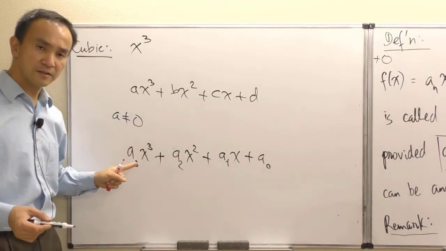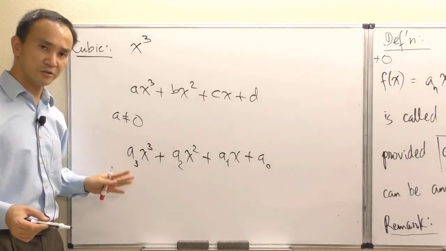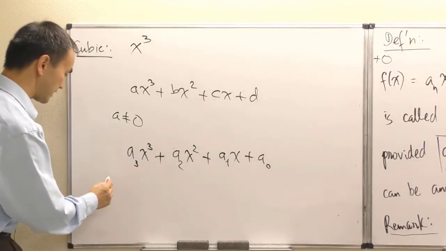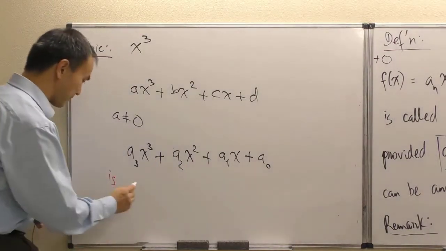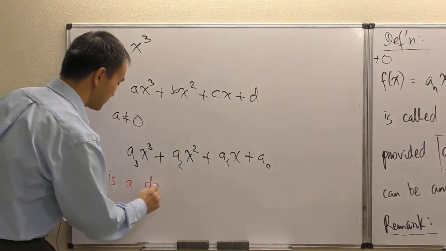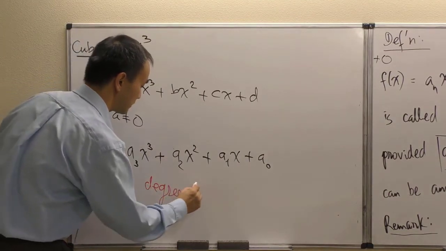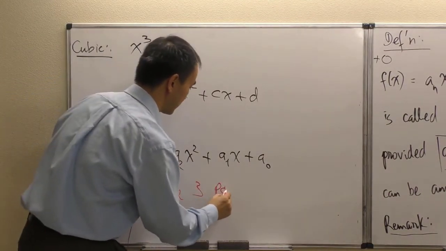A cube, 3 dimensions. This is a third degree polynomial, or degree 3 polynomial. So that further enhances our understanding.